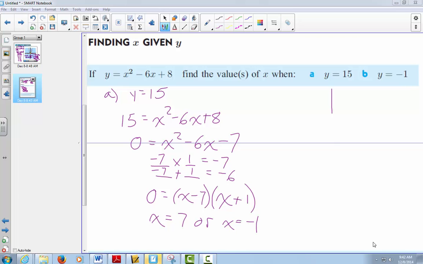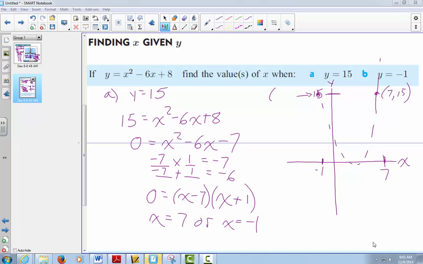Now what this means, if we were graphing this, when y equals 15, so y is 15 at x equal to 7, and at x equals negative 1, the parabola passes through those points. So somewhere along here, you have 7 and 15, negative 1 and 15. So that's solving for x and solving for y.